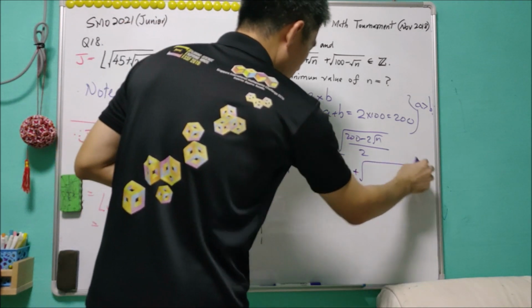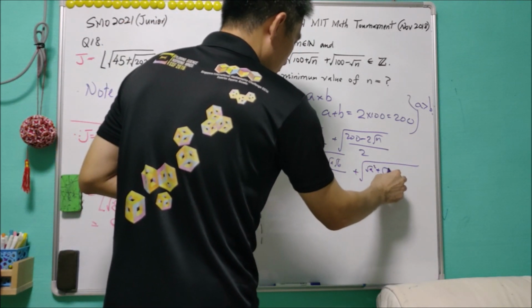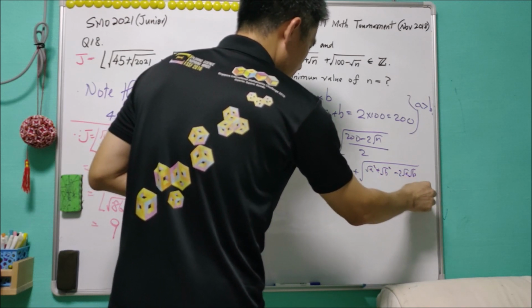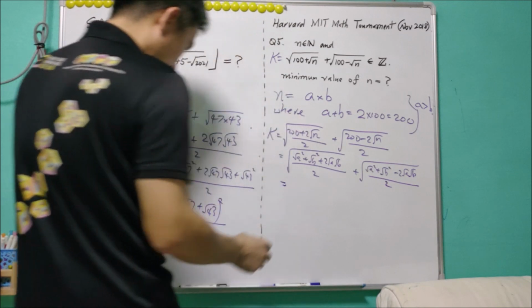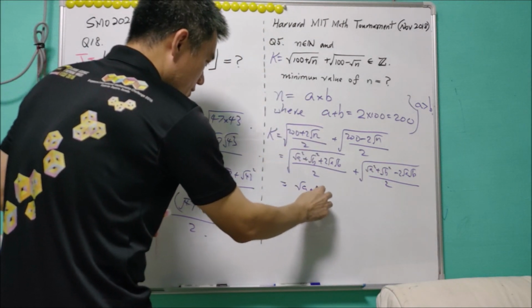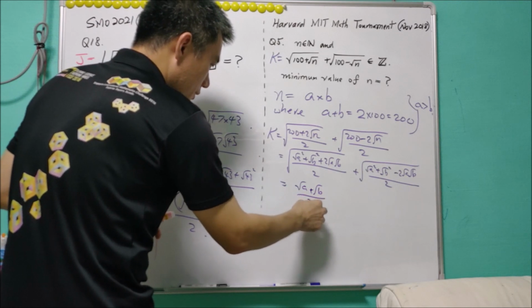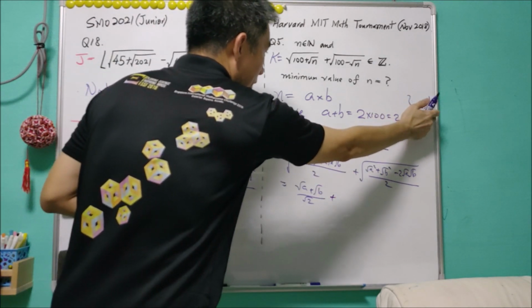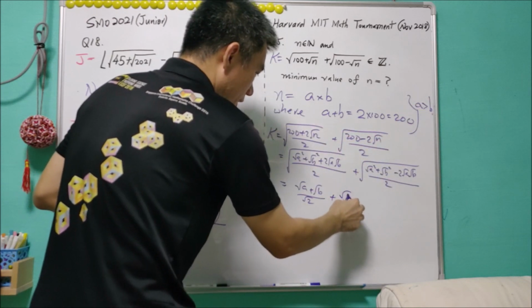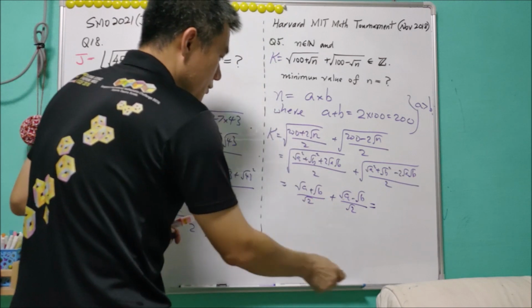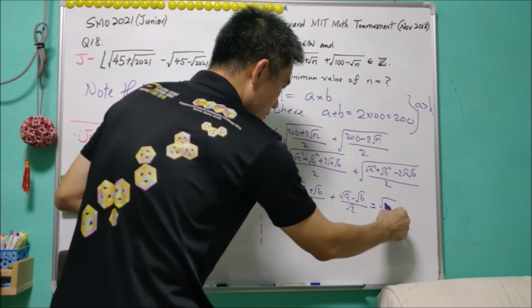Likewise, this is square root of a squared plus square root of b squared minus 2 square root a square root b, over 2. Then this will give me square root of a plus square root of b over square root of 2. And because we let a be greater than b, this is square root of a minus square root of b over square root of 2. And this is equal to square root of 2a.